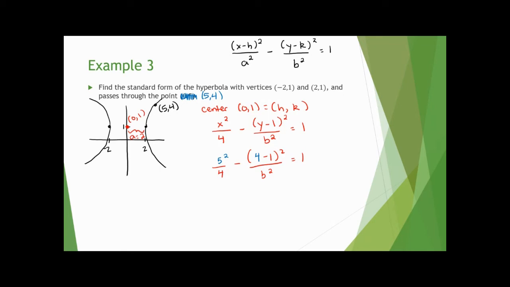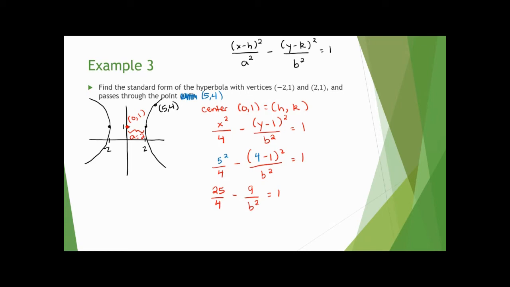So I'm plugging in (5, 4), and this will allow me to solve for b squared so that I can get my equation. So 5 squared, I get 25 over 4 minus, and then 4 minus 1 is 3, and 3 squared is 9. So that's going to give me 9 over b squared equals 1.